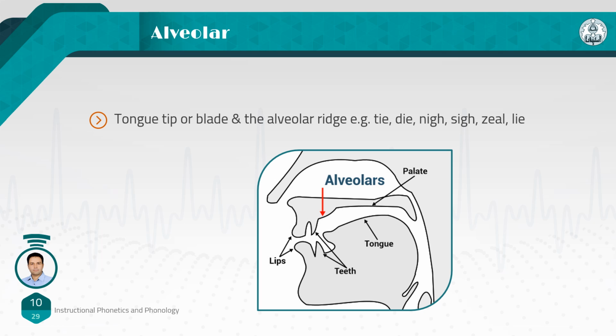You can try it right now. Try to use your tongue tip and the alveolar ridge like s, and the blade of the tongue and alveolar ridge. S. Both of them have the same sound, and as I said, it depends on different people to use the tip of the tongue or the blade of the tongue.